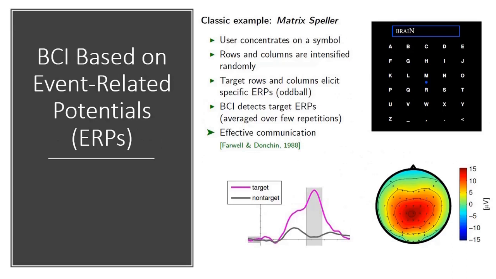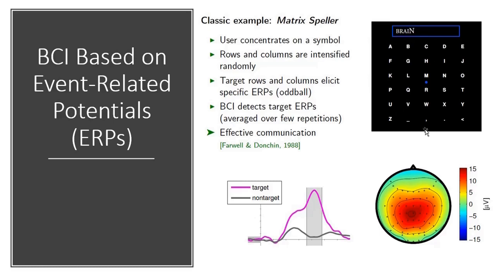Another example I show here is based on an exogenous type of BCI, where human subjects are shown a grid of visual stimuli. This is called the Matrix Speller. Using this kind of exogenous BCI, we can develop BCI-based communication systems that allow people to type using their brain activities.